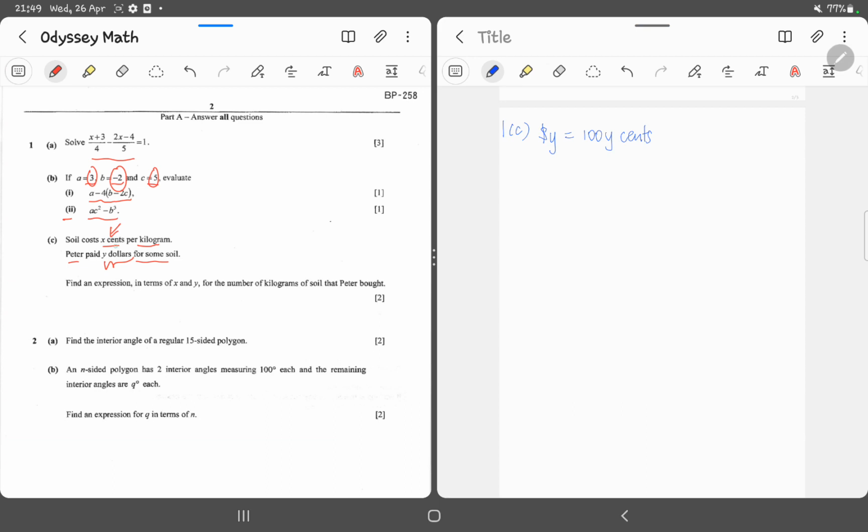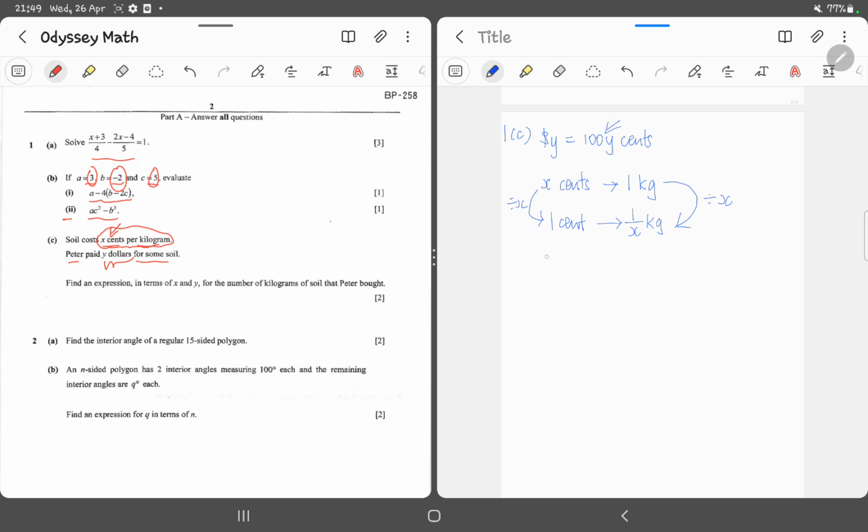Soy costs x cents per kilogram, so x cents is 1 kg. Let's find 1 cent: we divide by x, because x divided by x is 1, and the 1 kg must also be divided by x. So 1 over x kg is for 1 cent. What about 100y cents, which is what Peter paid?